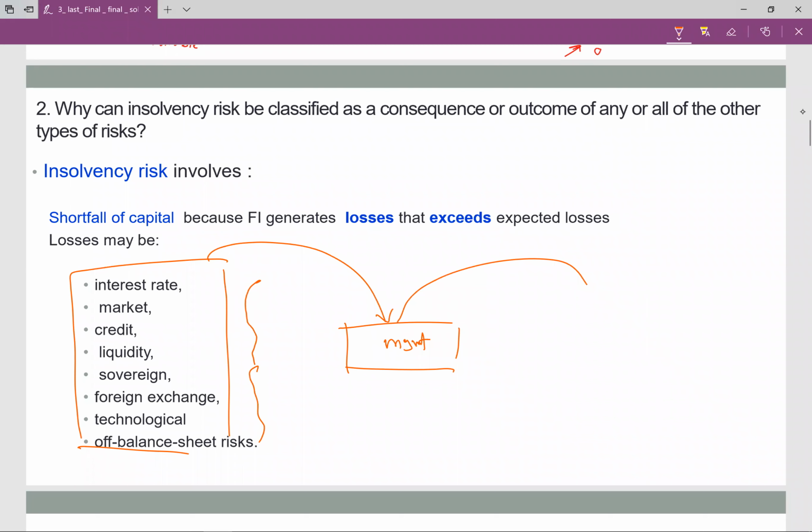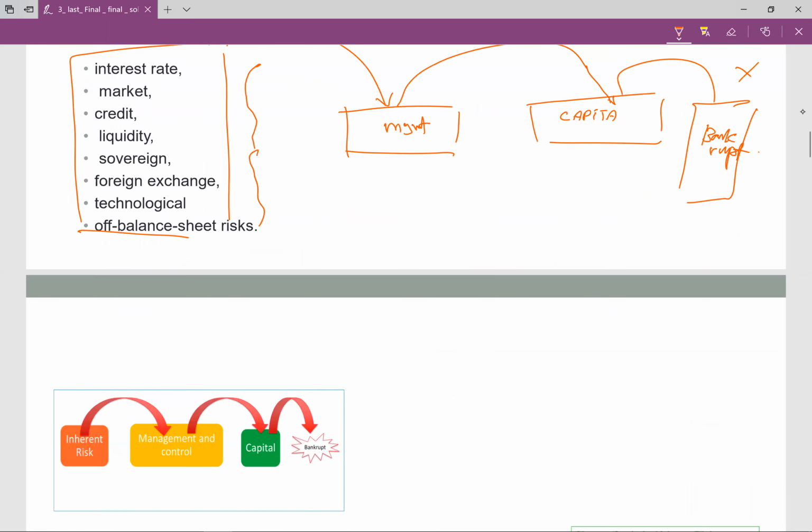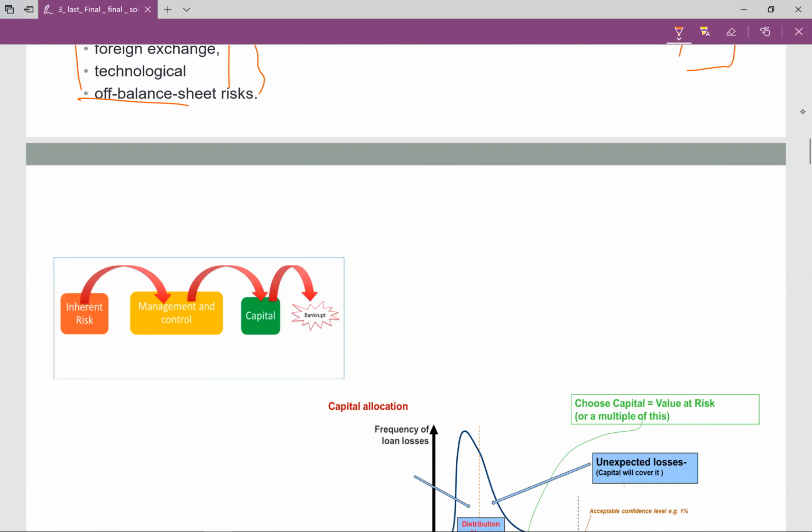And this management has to go. And then if the management is not enough, we will go to something called the capital. Still, the risk is coming. And if the capital is not enough, dying, then we will go to being bankrupt, which is the bank is now shut down, which is actually those things which I told you before. This is what we are talking about.